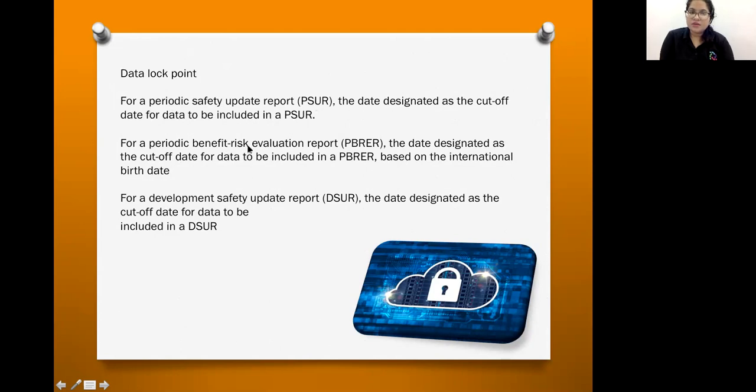For the periodic benefit risk evaluation report, these are different kinds of aggregate reports, and they are submitted according to the country. So for the periodic benefit risk evaluation report, the date is designated as the cutoff date for data to be included. Same for the development safety update report, the date designated as the cutoff date for data to be included in the DSUR.